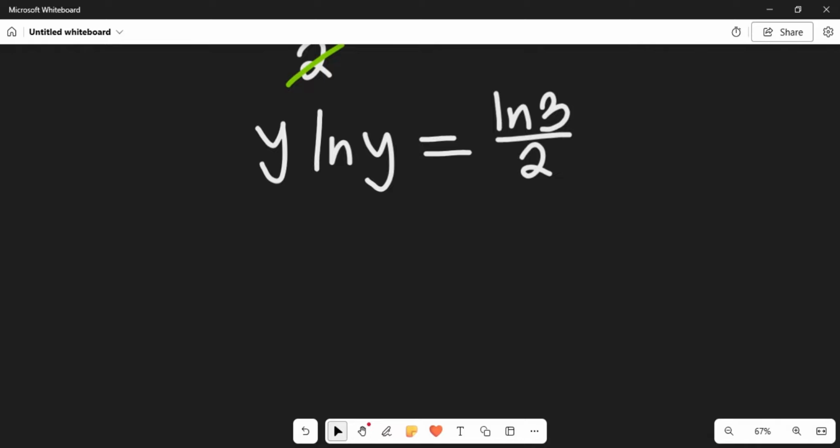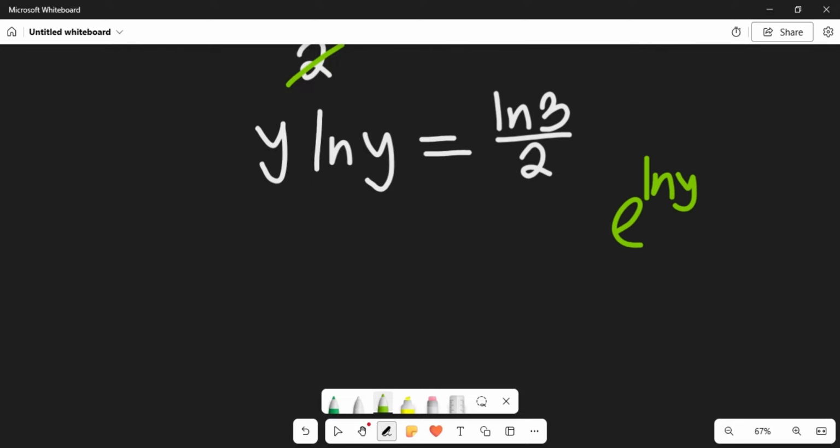Now, we know two rules, we know two things. We're going to look at the exponential value of y. If you look at this expression, you find out that the exponential value of ln of y can simply be equal to y, right?